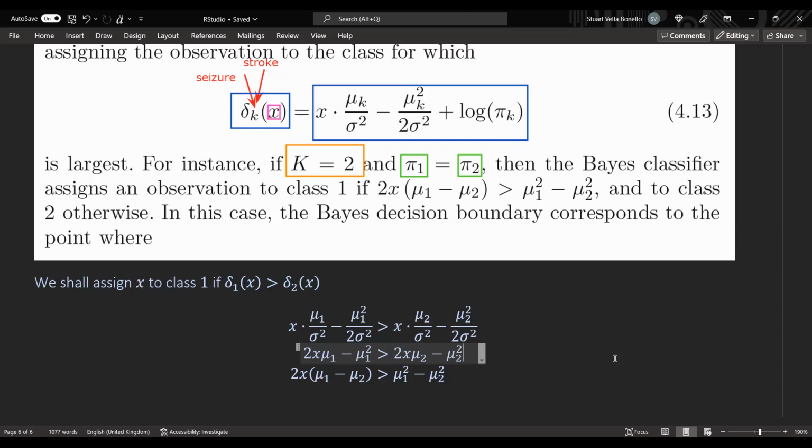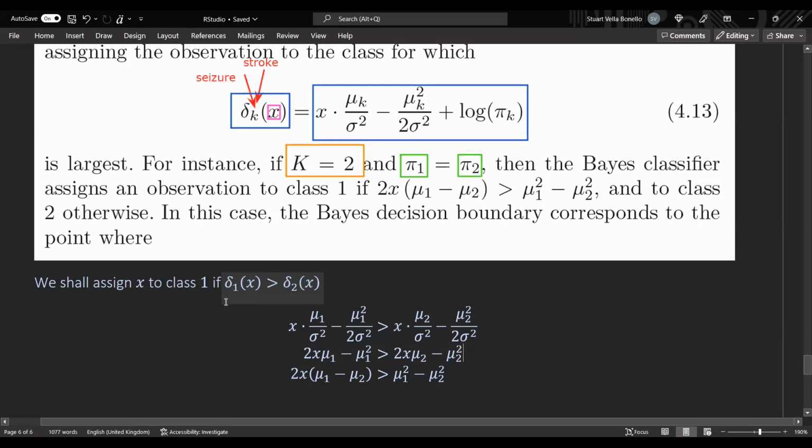And now we're asking, for which x's is delta 1 greater? Which values of x would be classified into class 1? It's those x's that satisfy this inequality.